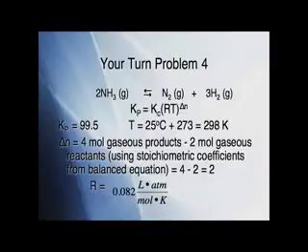So we take 4 minus 2, which is equal to 2. Our R value is the universal gas constant, 0.082 liters times atmospheres over a mole times a Kelvin. And our temperature is given to us in Celsius, 25 degrees Celsius, so we have to convert that to Kelvin in order to use this. So 25 degrees Celsius plus 273 gives us a value of 298 Kelvin.